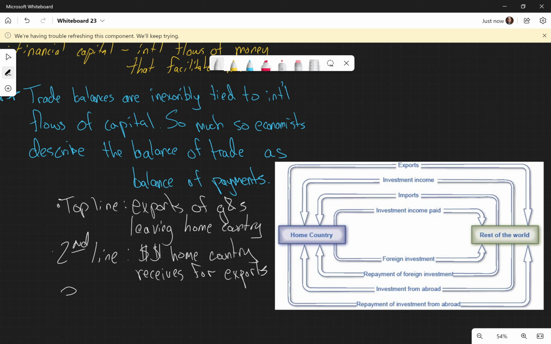The third, actually that is not correct. So the second line is talking about our investment income. So this second line is the money that we receive from all of our foreign investments, foreign assets.